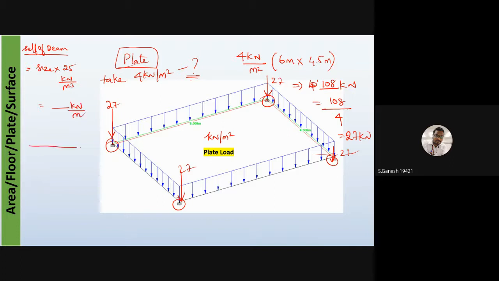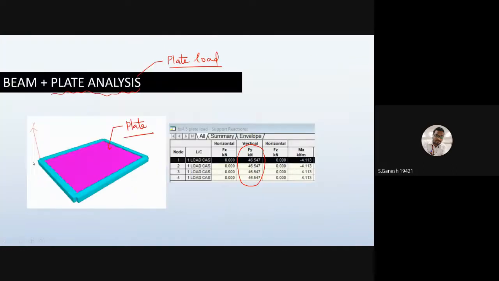Now, if you know this, how can you apply it? This is the self weight of the beam. Now you can apply this as WL by 2, WL by 2. So you come to know that this in kilonewton plus 27 kilonewton will give you the total nodal reactions. So that will give you the total nodal reaction as 46.57 kilonewton.